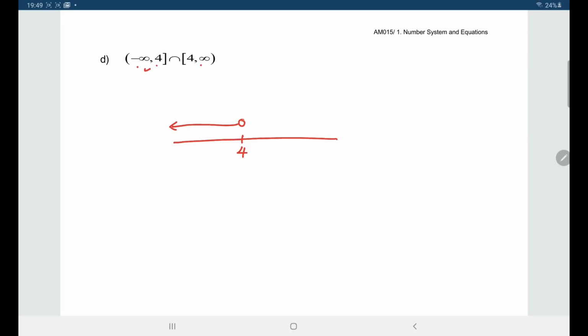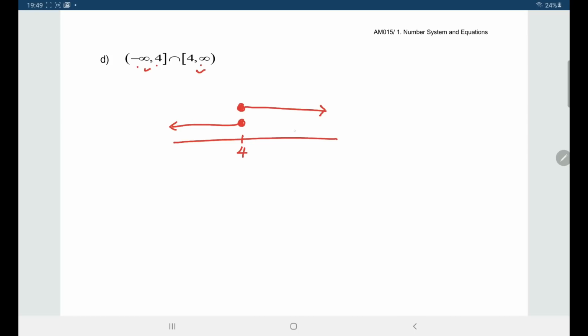At number 4, we draw a dense circle because number 4 is included. Next, the next interval is 4 to infinity. So we draw from number 4 to the right. At number 4, we draw a dense circle because number 4 is included.